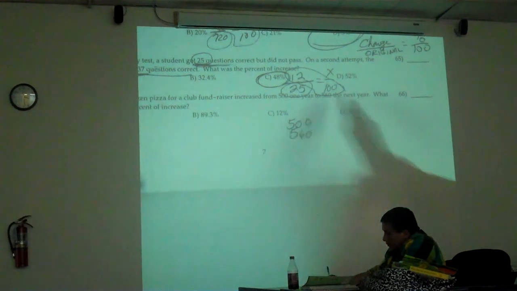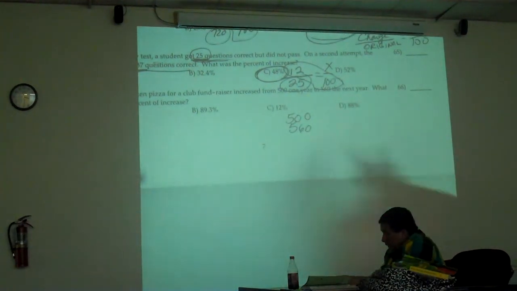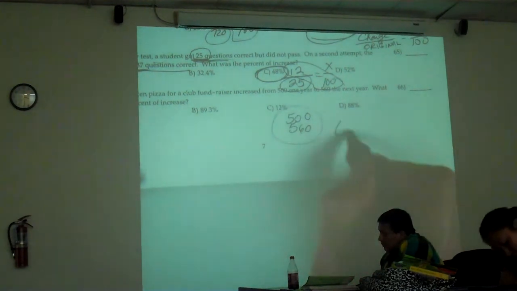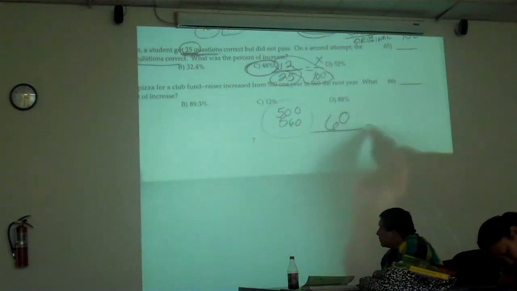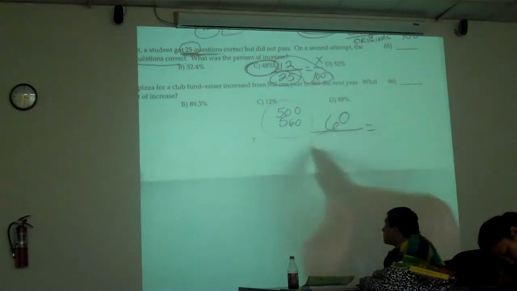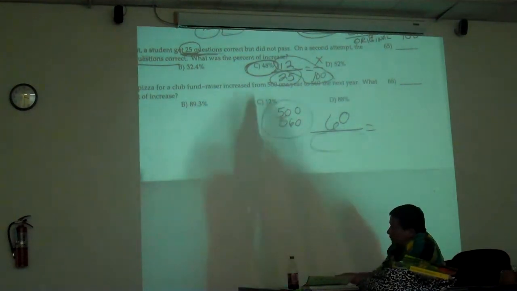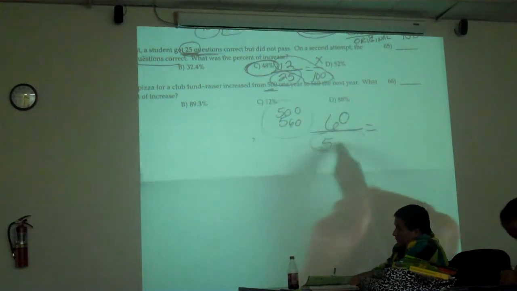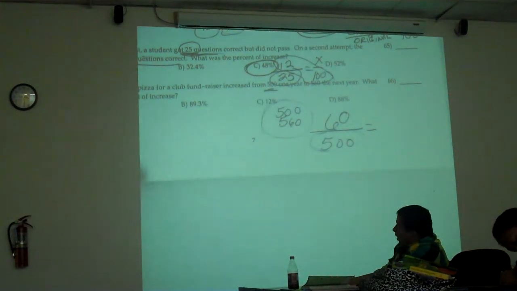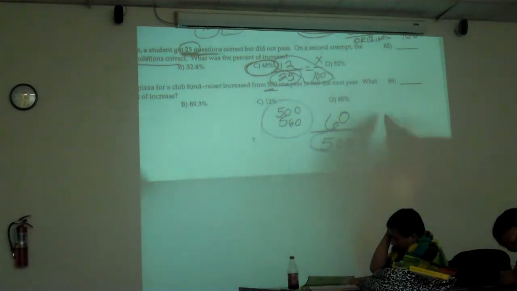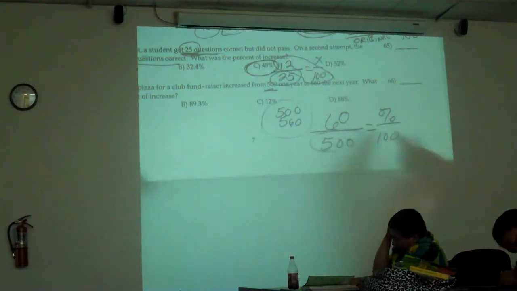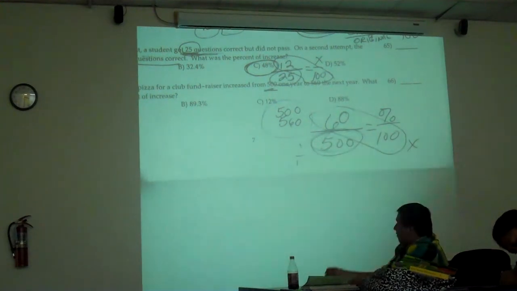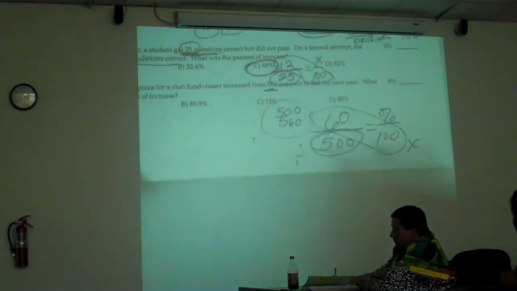You can't read that very good, I wrote on it. So what did it change by? 60. It changed by 60. What was the original or first number? 500. From this to that. So 500 was the first one. It's not always the biggest or smallest. You have to find the first one. 60 times 100 divided by 500. 12%. 12%.